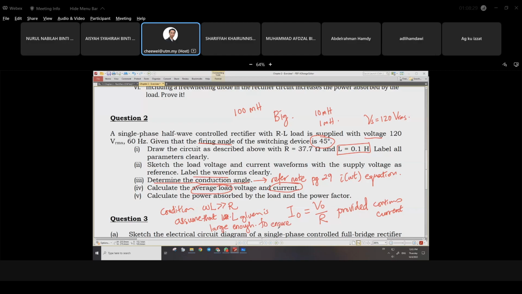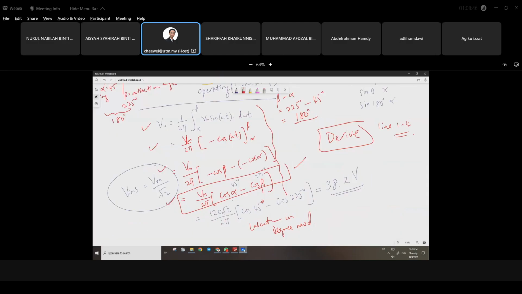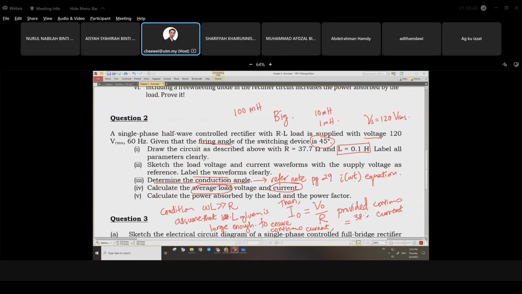Then I out equals V out over R. Finish. Just now I calculated V out, right? 38.2 volt divided by R. Okay, finish. That's all.